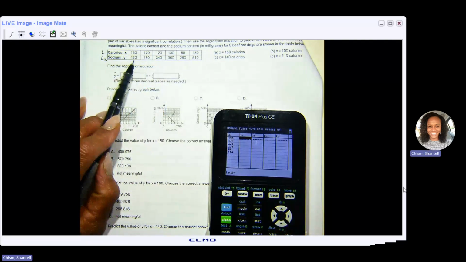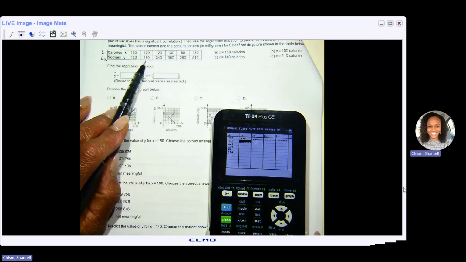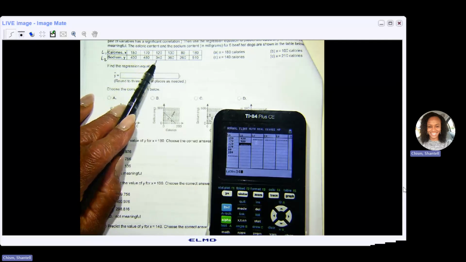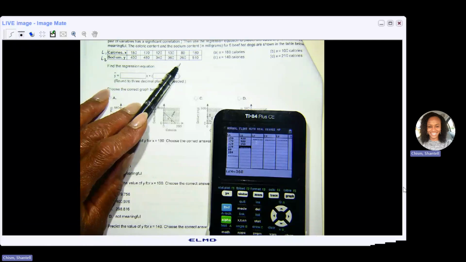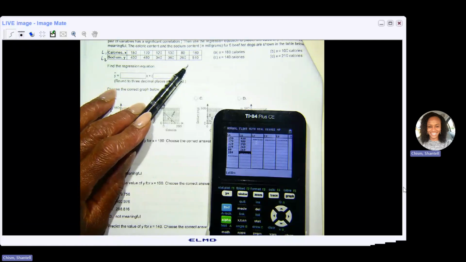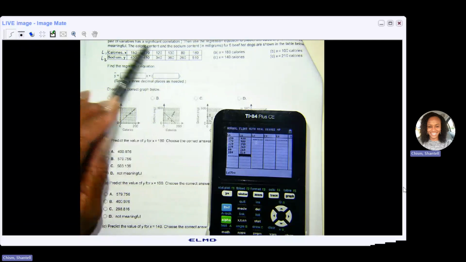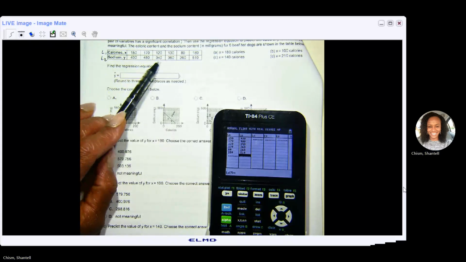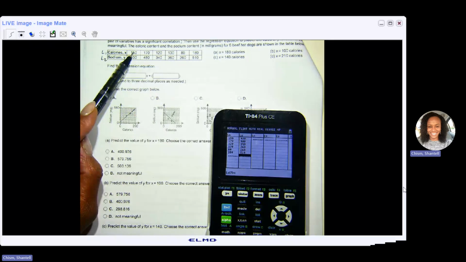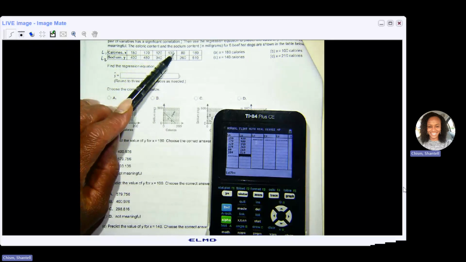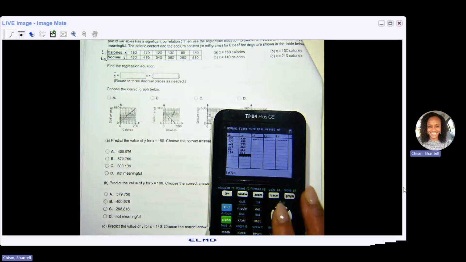Then 430, 480, 340, 360, 260, 510. Making sure we double check. Don't want to make any mistakes. Good there. 150, 170, 120, 130, 80. Good. All right. We're ready to work with the data now.